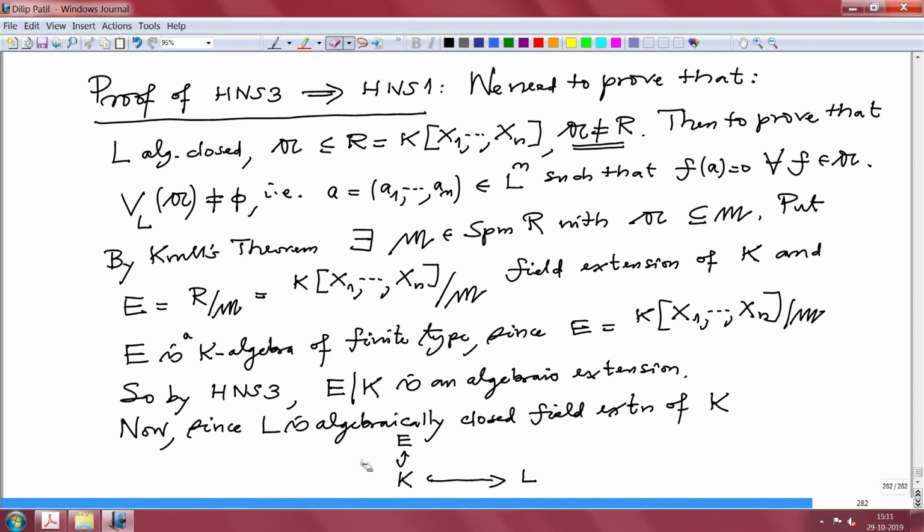Let me write it a little bigger. This extension is algebraic, and we also know this is an algebraically closed field. Then one of the results in basic field theory says that we can extend this inclusion to E. So that means there exists a K algebra homomorphism.